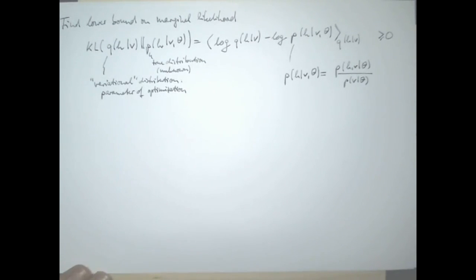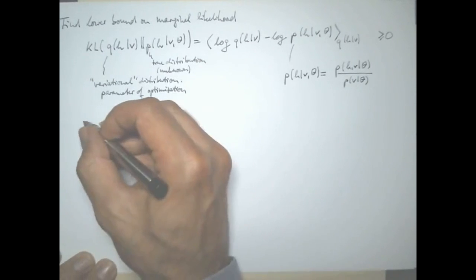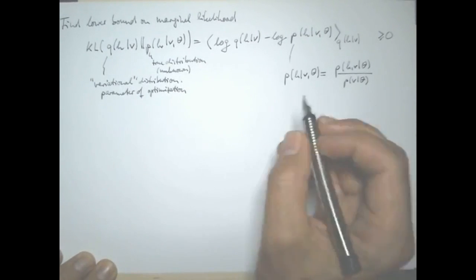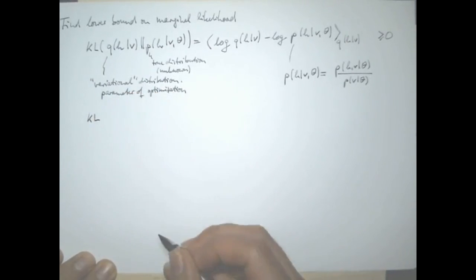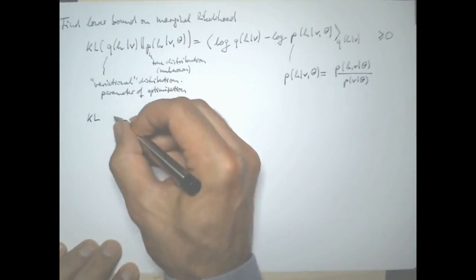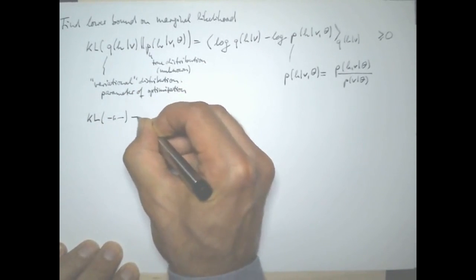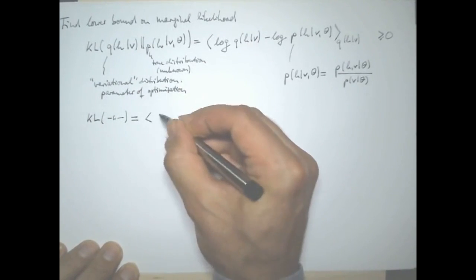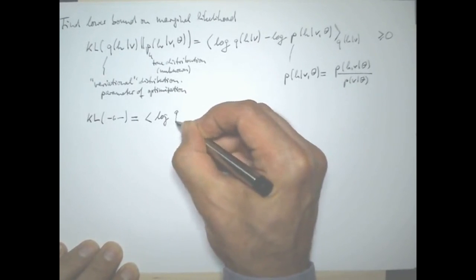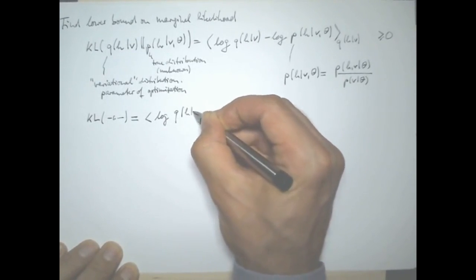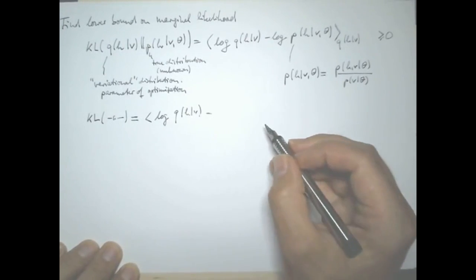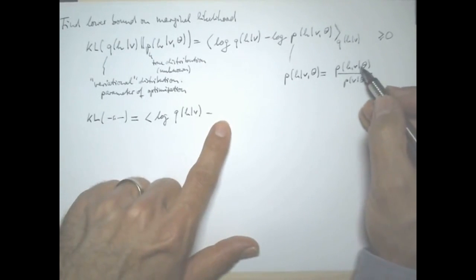And I'm just inserting this way of writing it, and my Kullback-Leibler distance, the same arguments as above, now becomes, the first term stays the same, and now I have the numerator here.